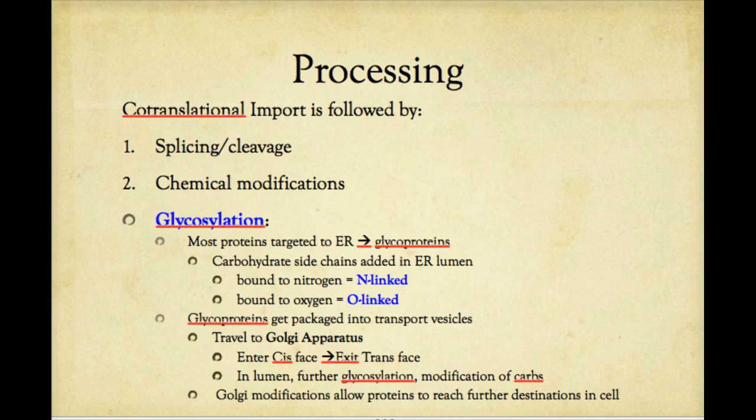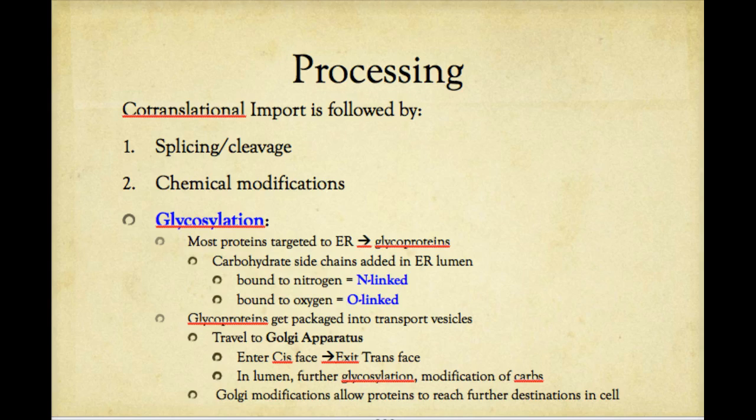So these newly formed glycoproteins will continue on with the processing that we discussed last time, and will eventually get packed into transport vesicles so that they can travel on to the next part of their destination journey, which is travel to the Golgi apparatus. Remember, these proteins are going to enter through the cis phase, travel through the Golgi, and exit through the trans phase. While they're in the Golgi apparatus, they will be further modified.